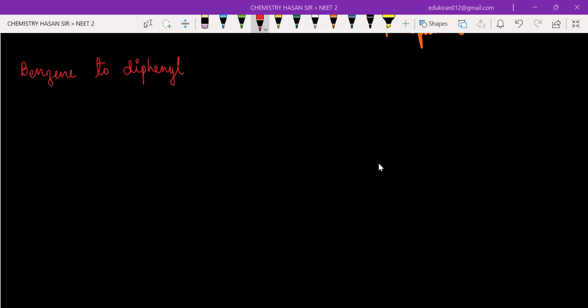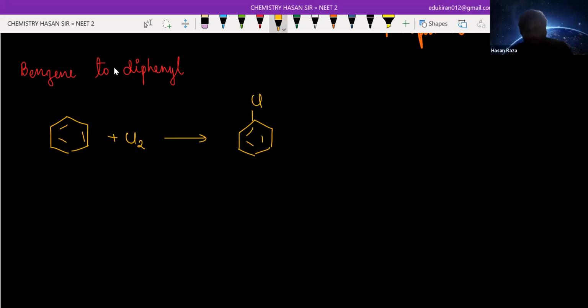Okay, Aisha, tell me, if you are going to react this benzene with Cl2, will this reaction take place and you will get directly chlorobenzene? Yes or no? This is a very big misconception if you are writing this.